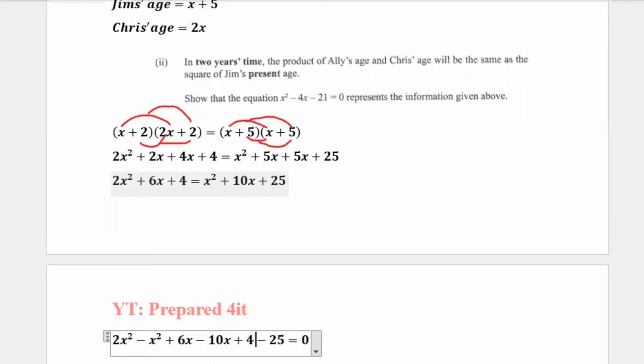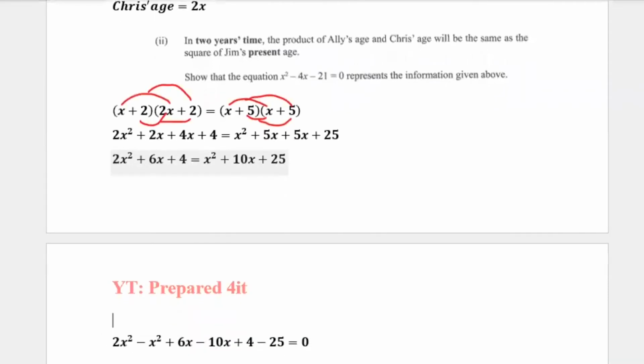So basically, before I could even insert additional steps here to ensure that we understand, let's write back everything that is on the left, so we have 2x squared plus 6x plus 4, and we're carrying over everything on the right to the left. So the x squared, it was adding here, so when it comes over, it becomes a minus x squared.